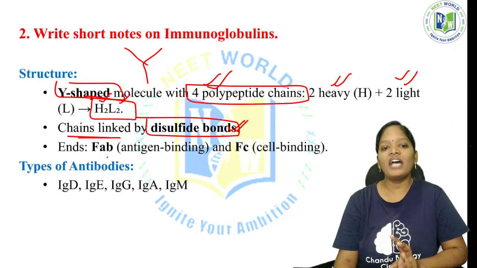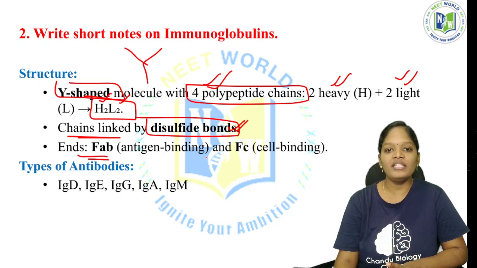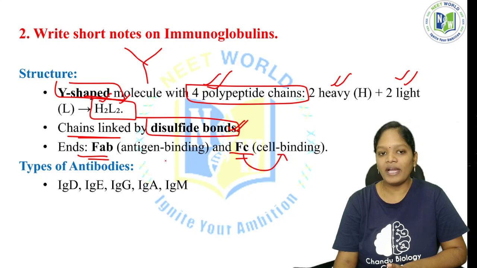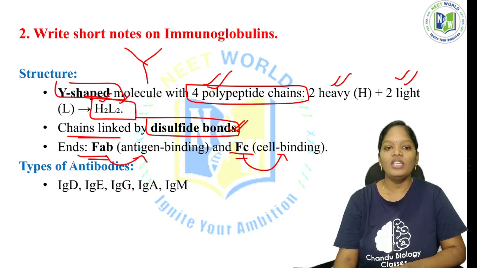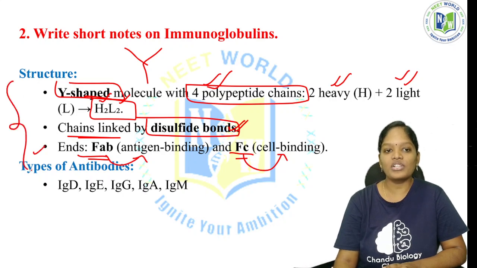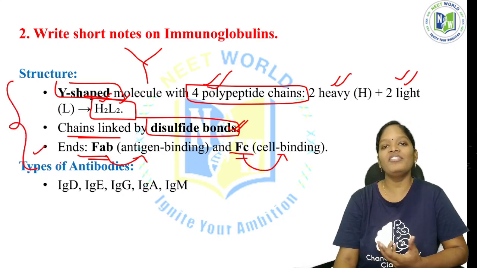We have 2 ends, the Fab end and the Fc end. In the Fc region the cell is going to bind, and in the Fab region the antigen is going to bind. So this is the important structure of the immunoglobulins.